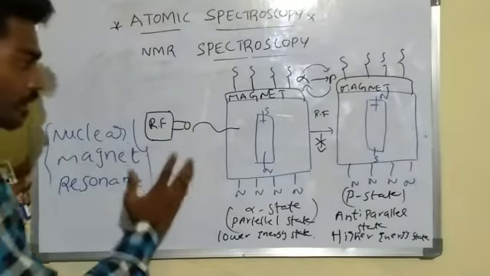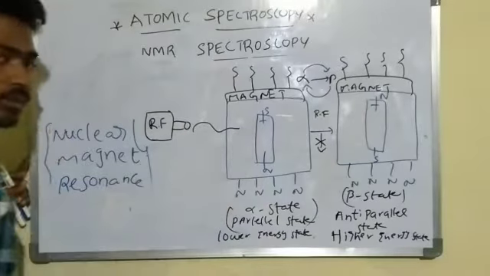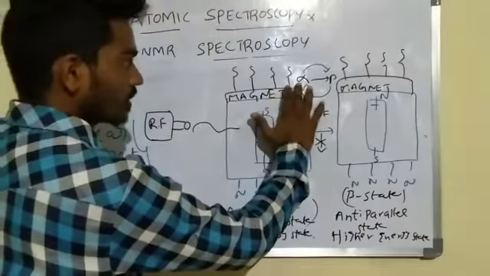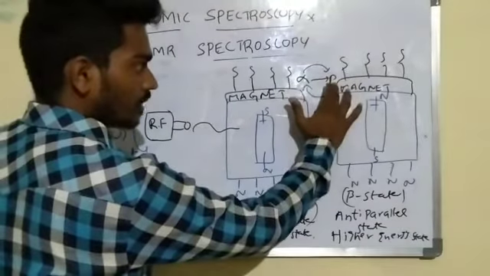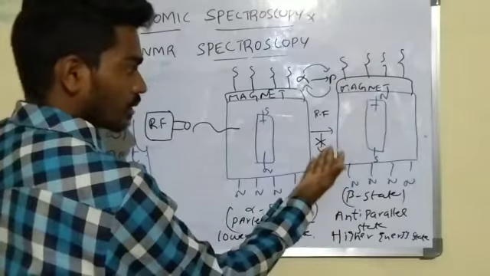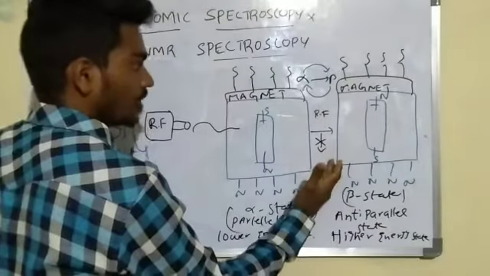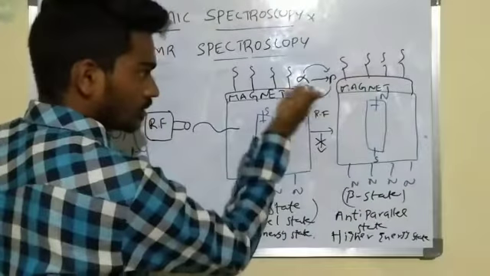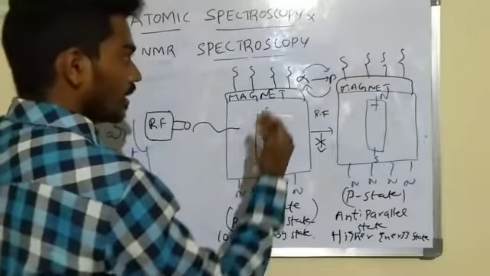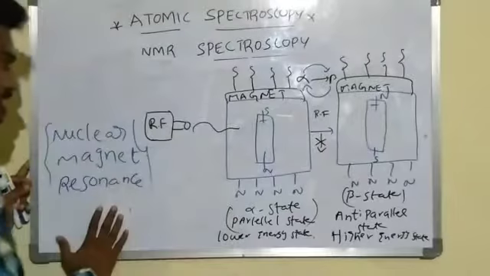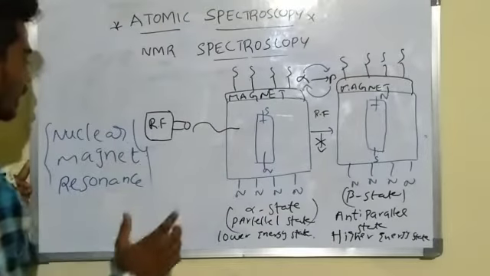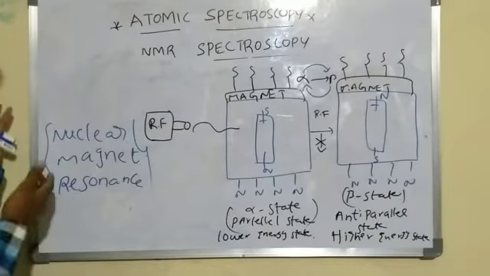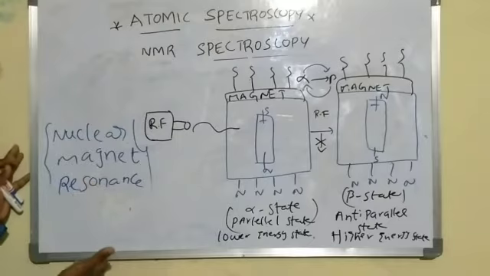Whenever radio frequency is incident on the nucleus, which acts as a magnet, it shifts from the alpha state to the beta state, and when this radio frequency energy is blocked, the beta state comes back to the initial alpha state position. That condition is called resonance. Resonance is performed by this magnet, and the magnet is nothing but the nucleus. That nucleus is nuclear. That's why it's called nuclear magnetic resonance.